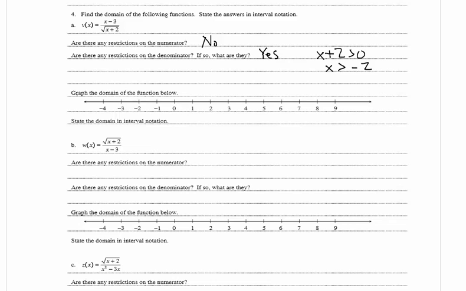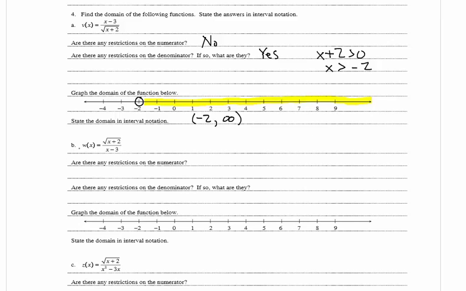So now if we want to graph it on the number line, we have an open circle on negative 2 because it's not included in the domain. And then we're going to shade everywhere where x is greater than negative 2. And then in interval notation, we're going to have negative 2 to infinity.